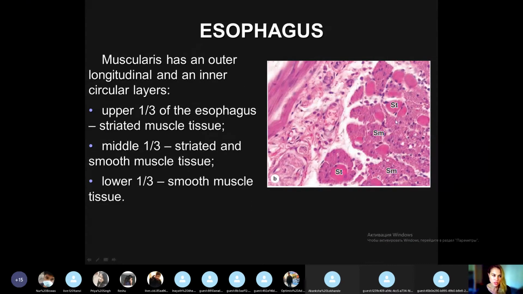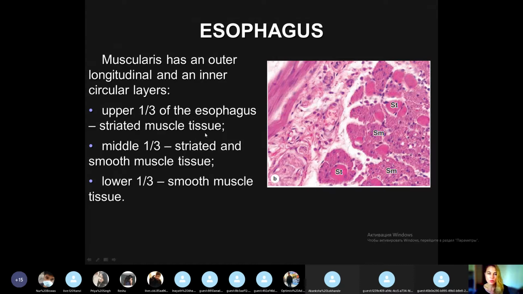Muscularis of the esophagus has two layers, outer and inner, and these layers are represented by different types of tissue according to the part of esophagus. If we subdivide esophagus into three parts, the upper third is represented by the striated muscle tissue.